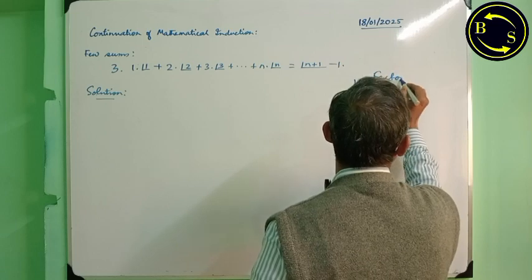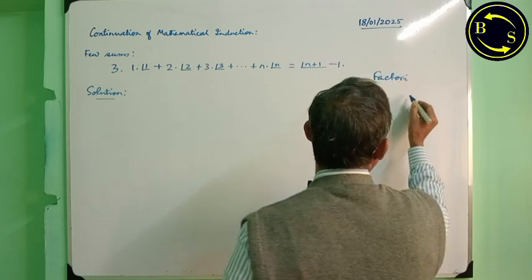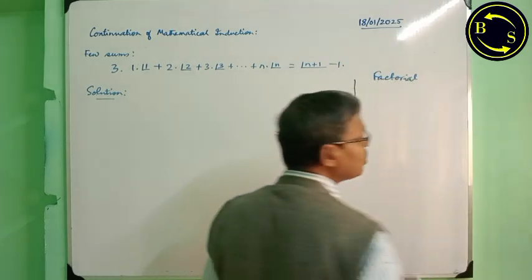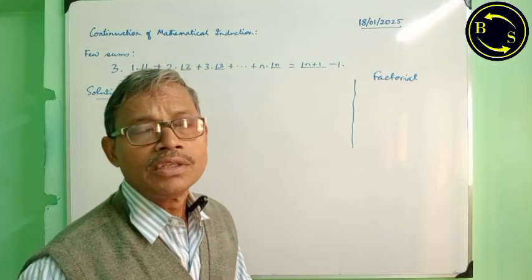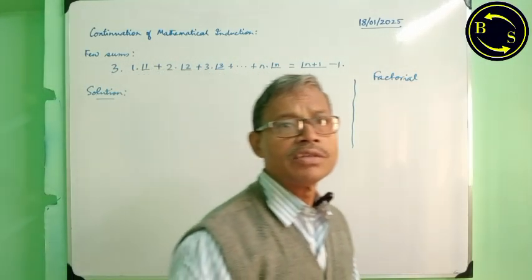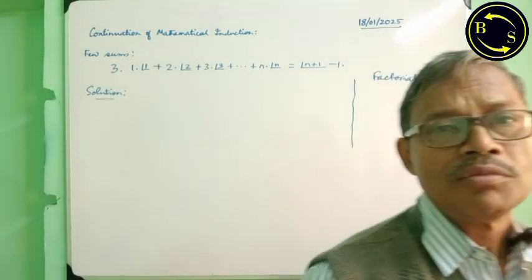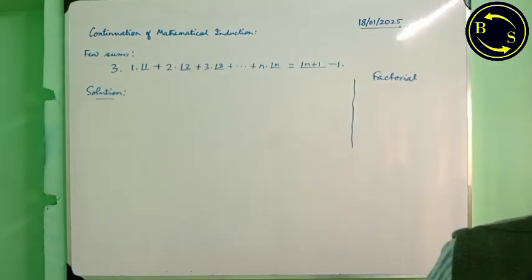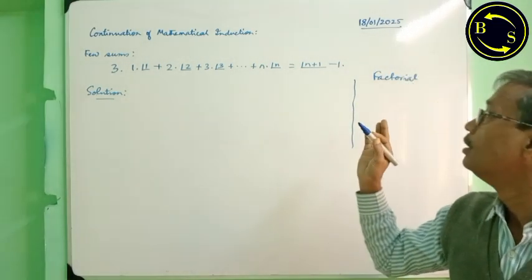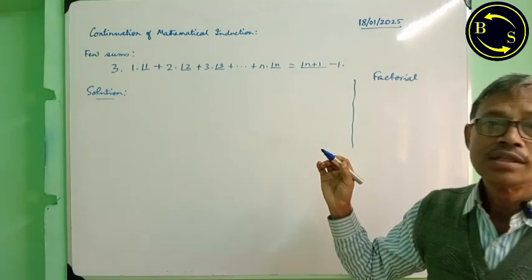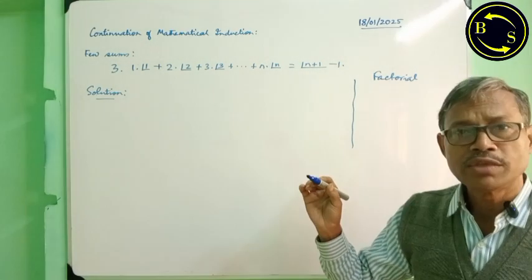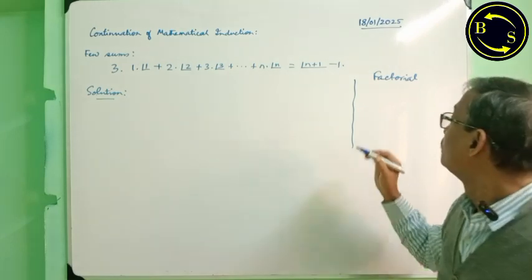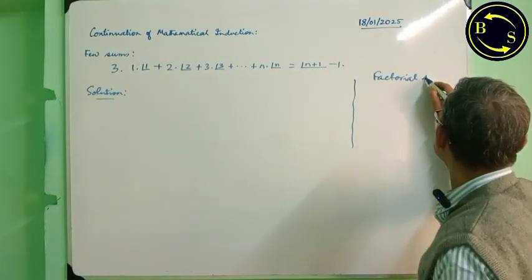Actually, factorial is discussed in the topic permutation and combination. As I have not discussed permutation and combination, I just discuss here the symbol and what is the definition or meaning of that symbol. Factorial symbol.